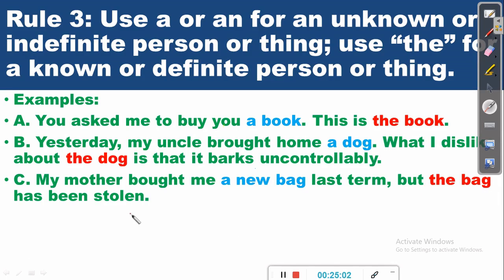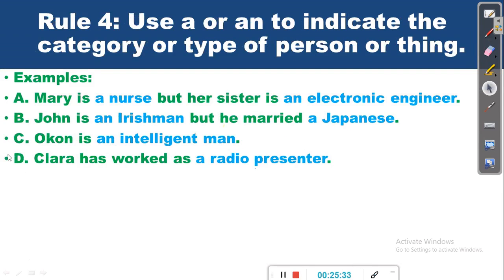But the bag has been stolen. Which bag? A new bag my mother bought for me. The bag has been stolen. All right, so this is rule number 3, a very important rule in ensuring that we use articles correctly in English sentences. Now let's move on to rule number 4.